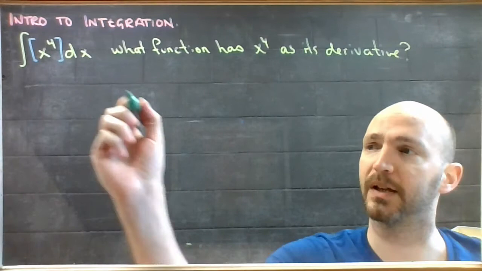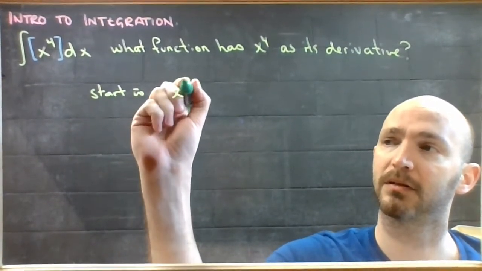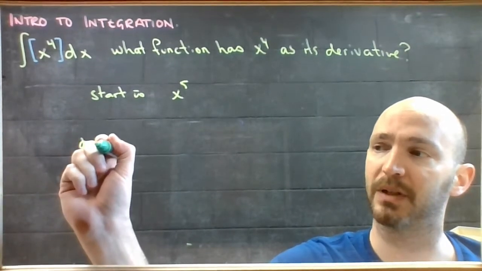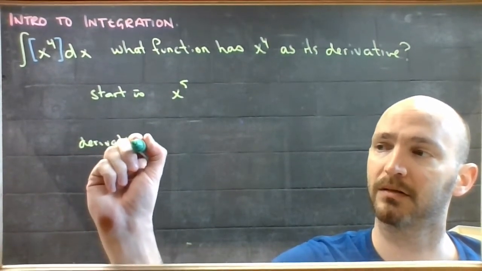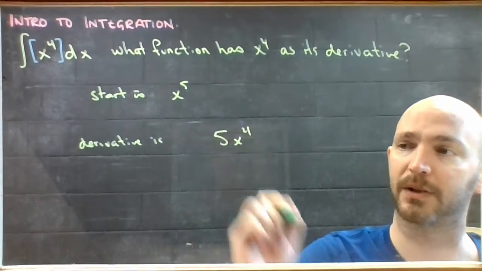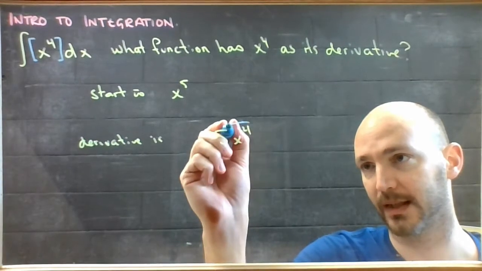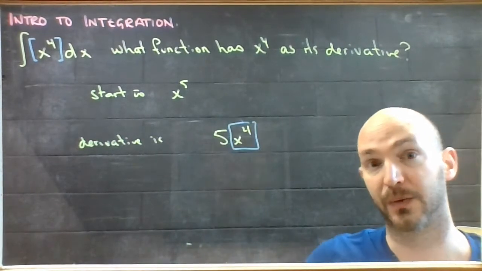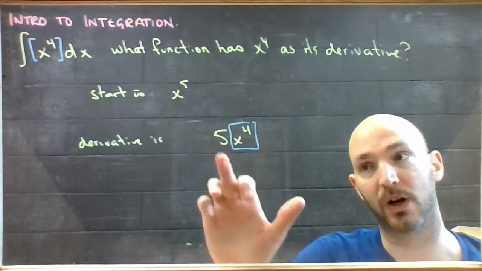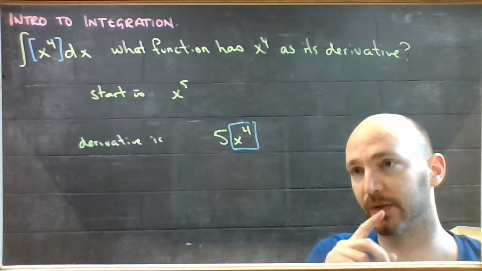If you start with x to the 5, then the derivative would be 5x to the 4. And that's the piece I'm after. I want this. So that's good. The thing I don't want is this 5 in front. Okay, there's no 5 in my integral here.